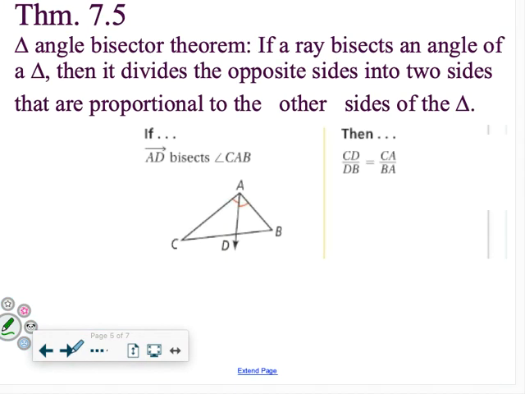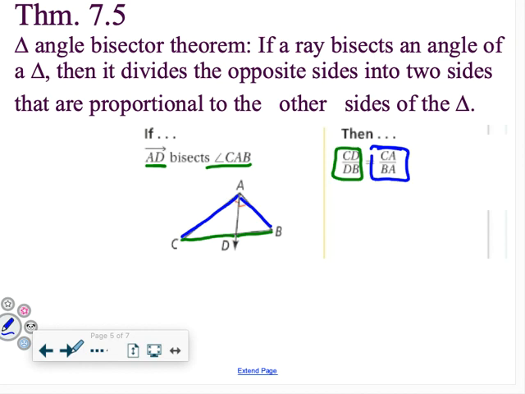So our next theorem here, the triangle angle bisector theorem. If a ray bisects an angle of a triangle, that divides the opposite side into two segments that are proportional to the other sides of the triangle. So what this is saying is that if AD bisects this angle, CD over DB, so notice these sides out here, a ratio of those sides is going to be equal to the ratio of those other sides of our triangle.